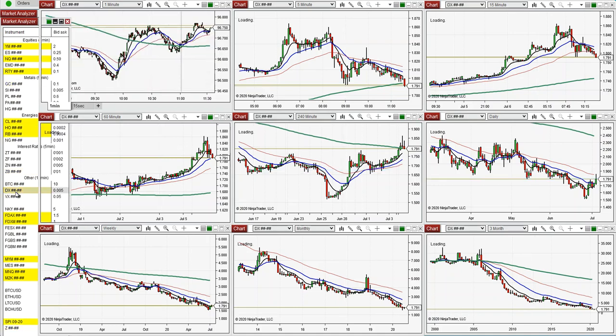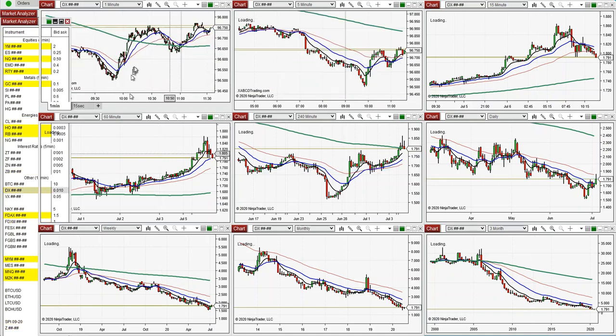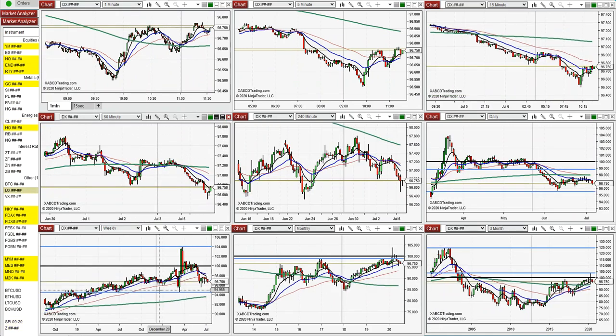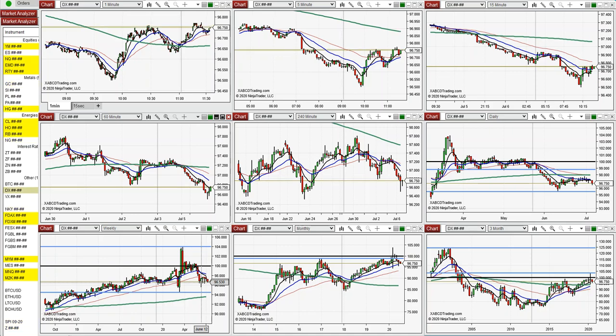So let's have a look at the US dollar index. I have been very bullish right here. I was actually expecting it to break to new highs. Well, now I actually need to change my view a little bit, because of the way it's developing. It has broken. It's a test, right?